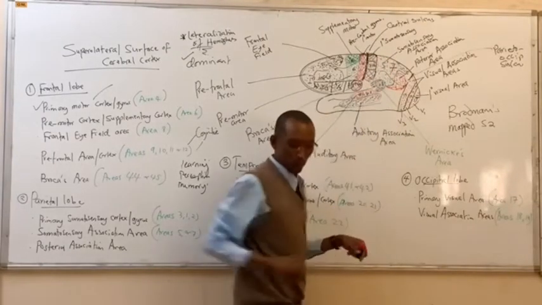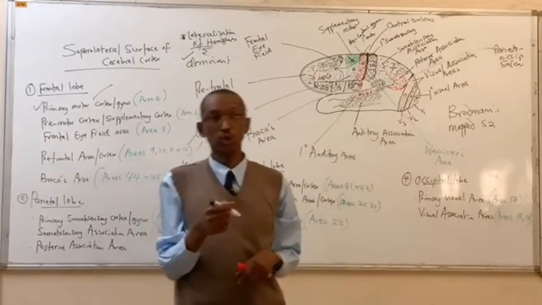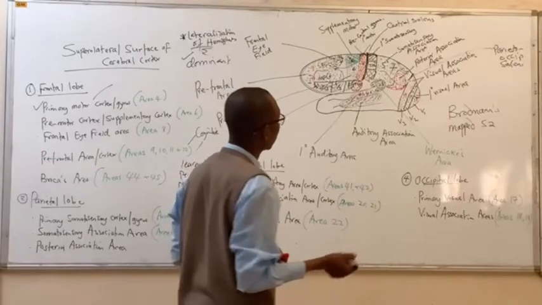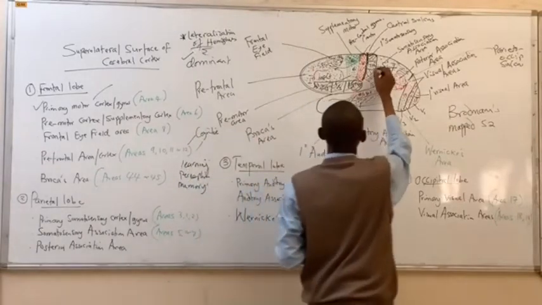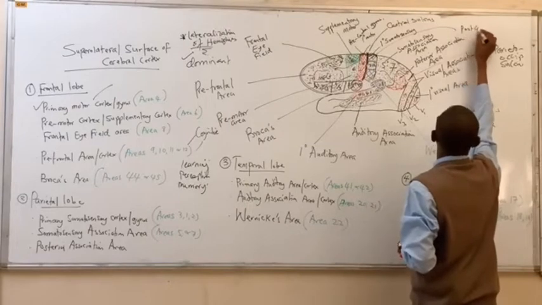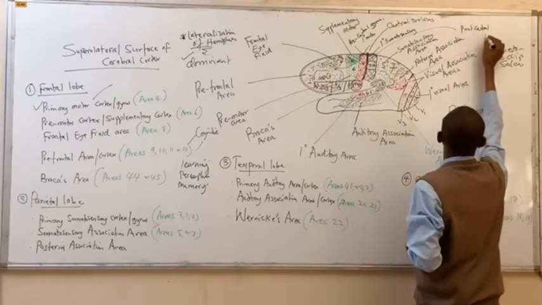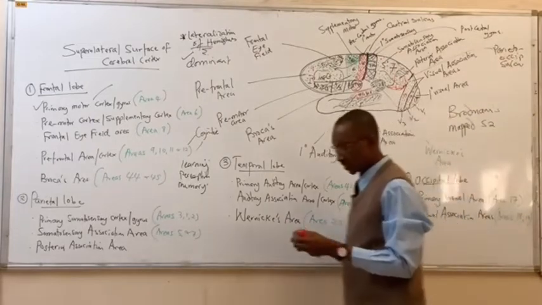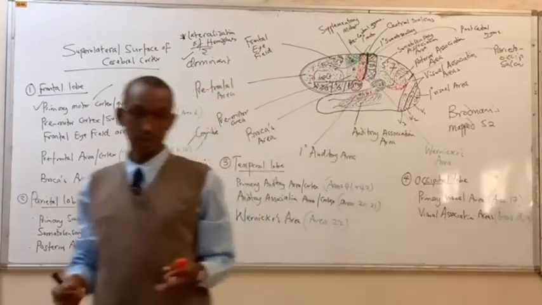Because it is at the back of the central sulcus, it is called the post-central gyrus.